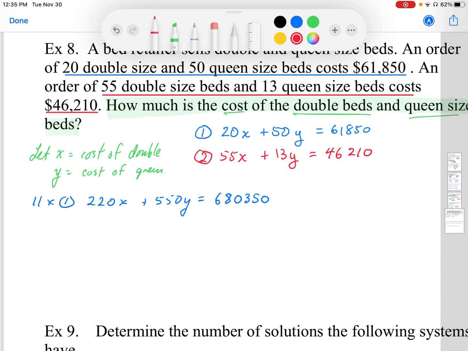Matching up the x coefficients, I need to multiply equation 2 times 4, because that's missing a factor of 4. So 55 times 4 gives me the 220x, which I'm looking for, plus, when I work this out, I get 52y, and multiplying the 46,210 by 4, I get $184,840.